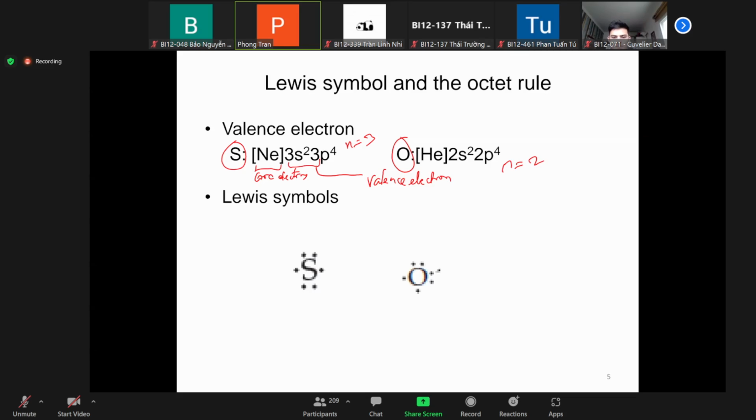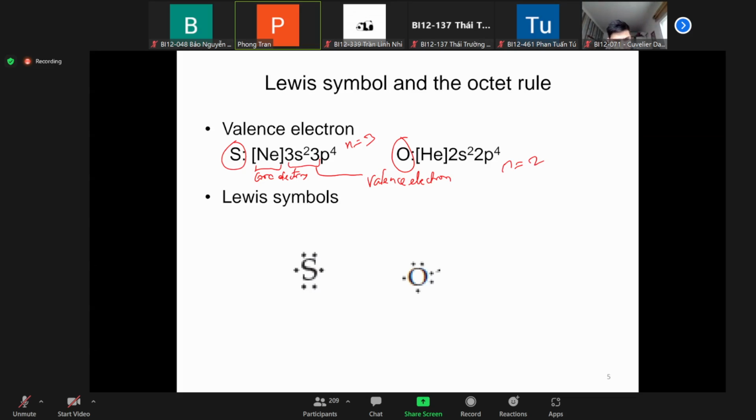That's why when you look at the valence electronic configuration of the two atoms, you understand that they have a similar configuration, s2p4. This can be different, like 2s2 or 3s2, but they have a similar s2p4.